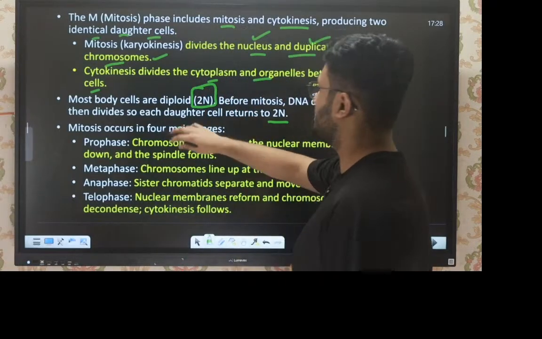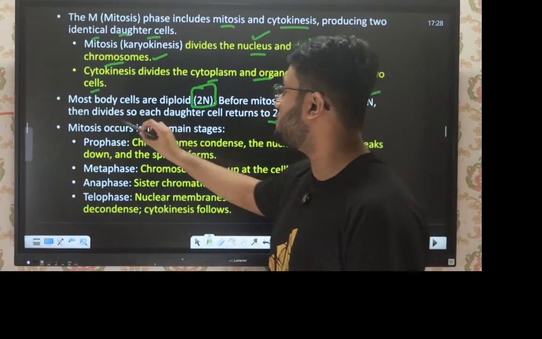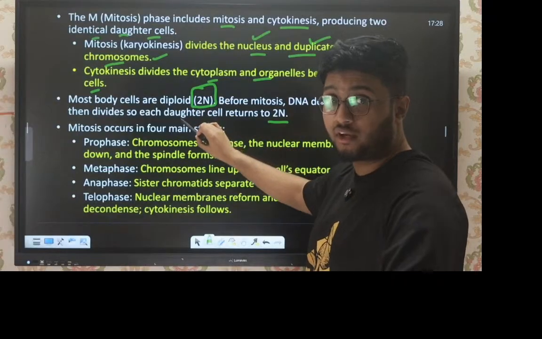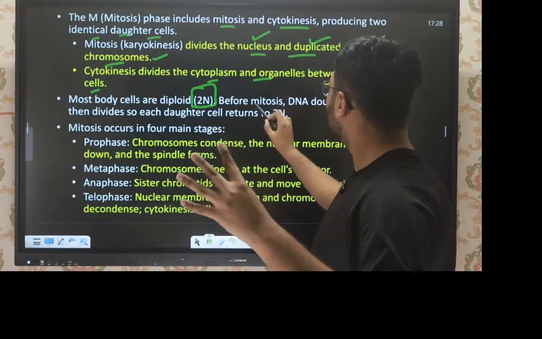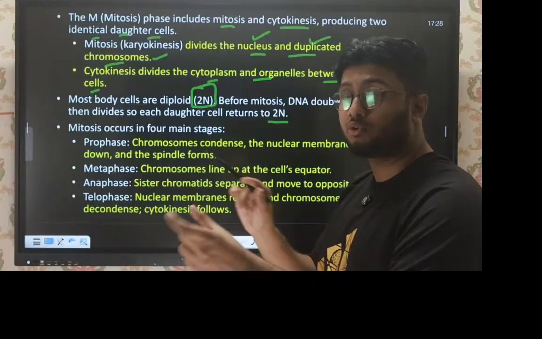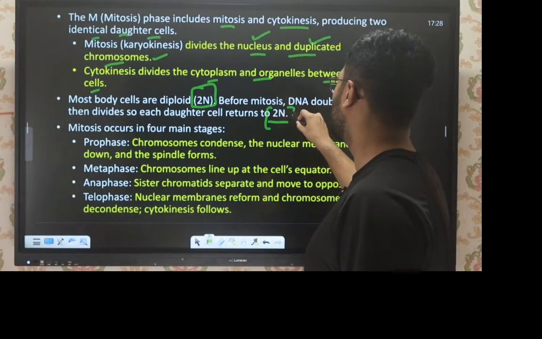Alright, so I'm just going to reread this line since I've given the explanation. Most body cells are diploid. Okay, 2n. What happens after mitosis? It becomes 4n. And then what happens when the 2 cells are formed? Both cells will have 2n. Basically, it returns to 2n.